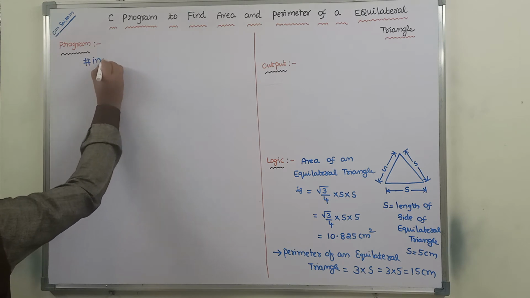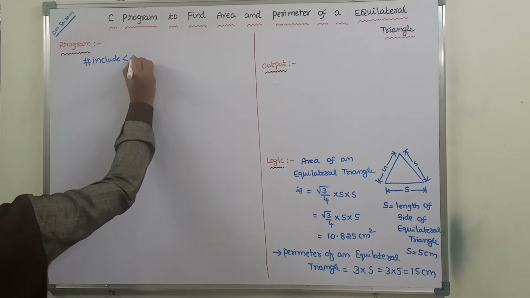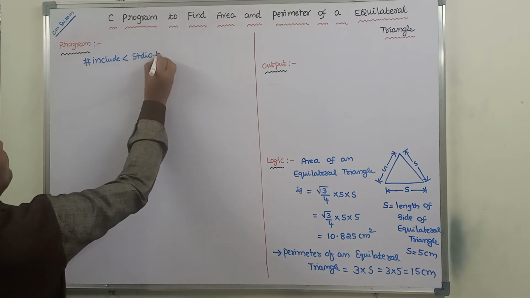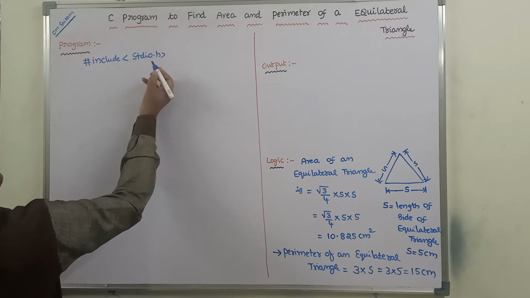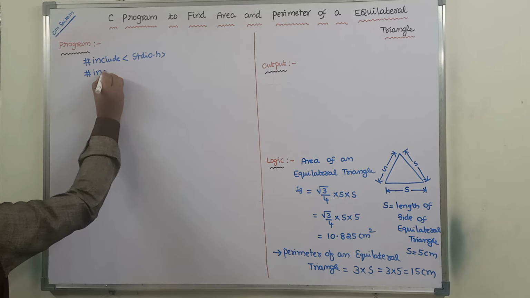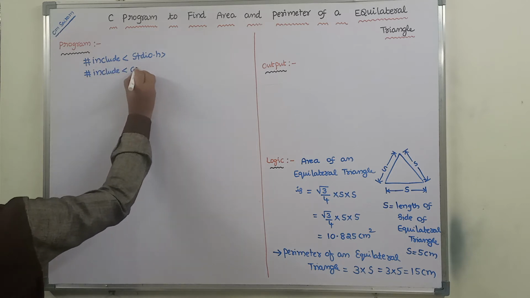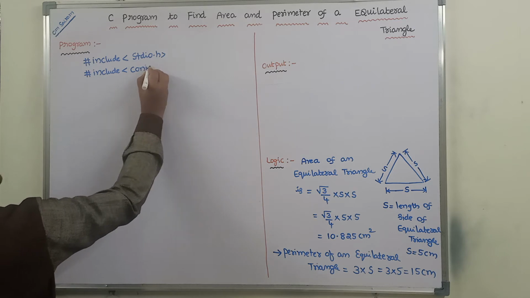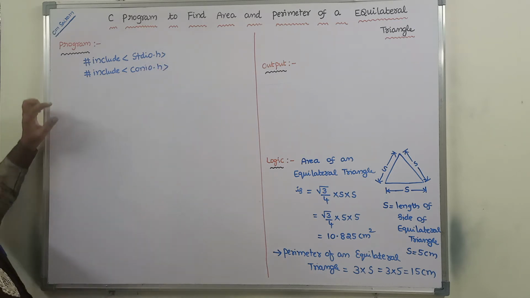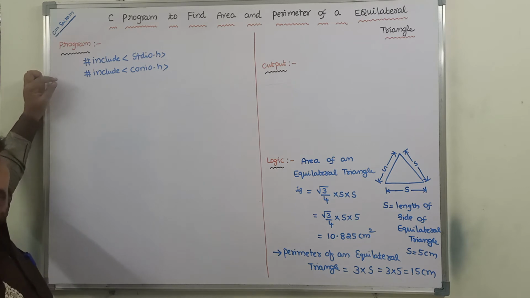#include <stdio.h>, the standard input output header file. Next, #include <conio.h>, the console input output header file. These are the two header files we have to include in our program.